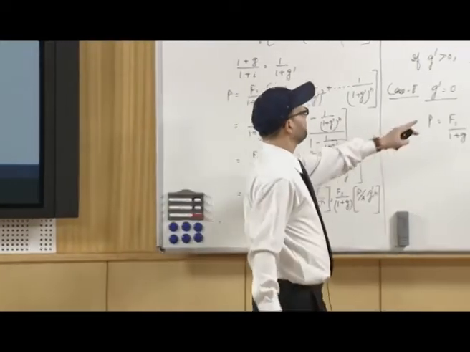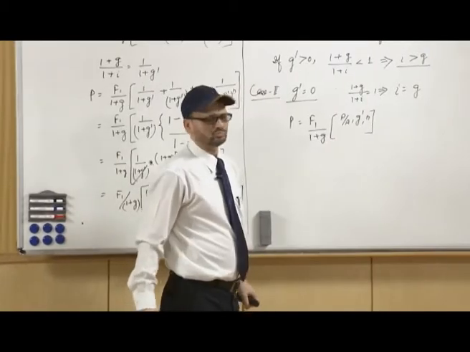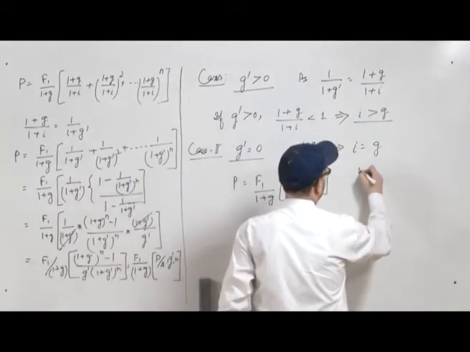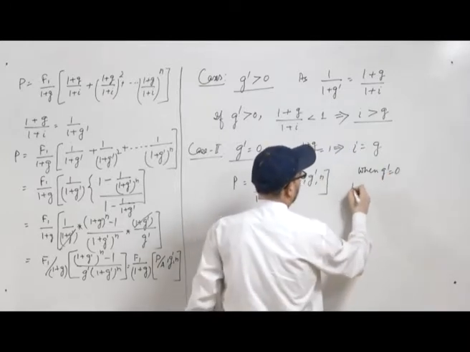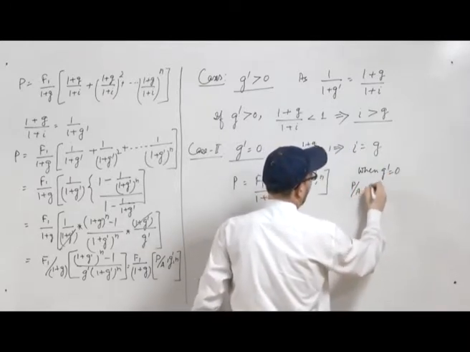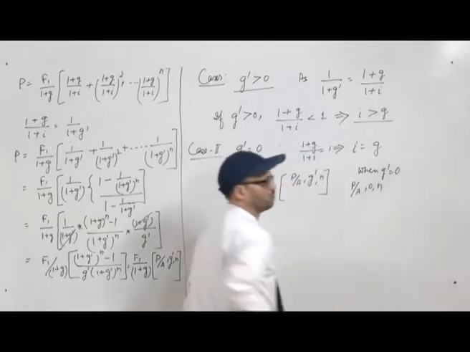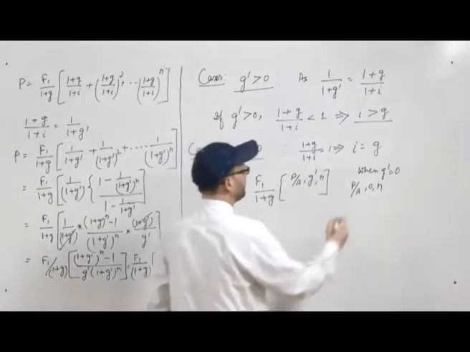And when g prime is 0, so P by A 0 n, this value will be nothing but n.